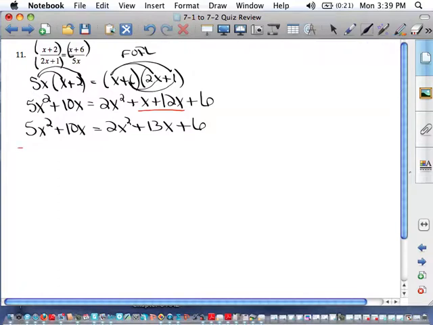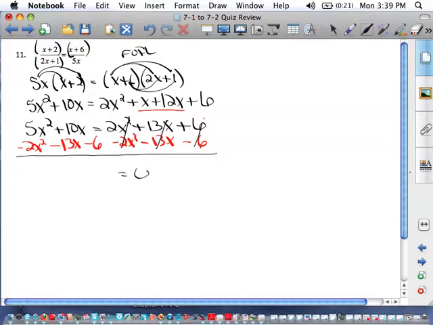So I will have minus 2x squared minus 13x minus 6 over here, and minus 2x squared minus 13x minus 6 over here. Over here, these will all cancel, and I will have a 0. On this side, I will have 3x squared minus 3x minus 6.